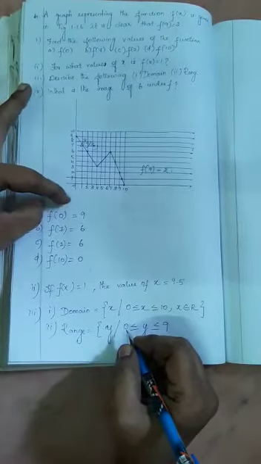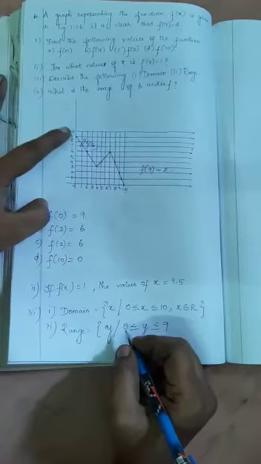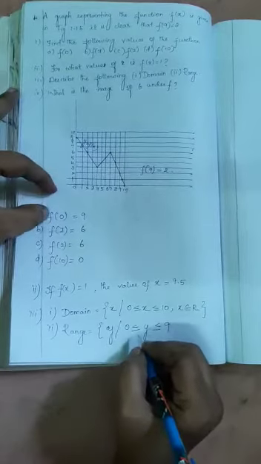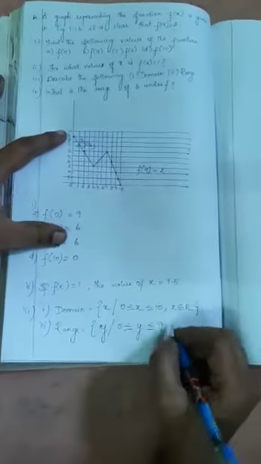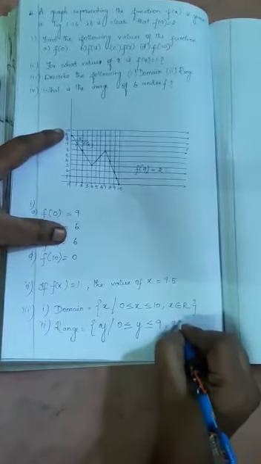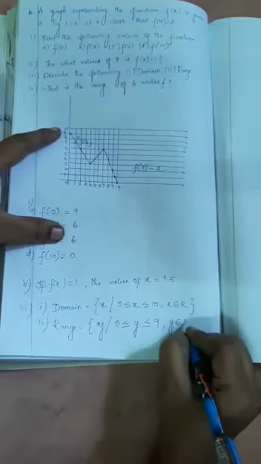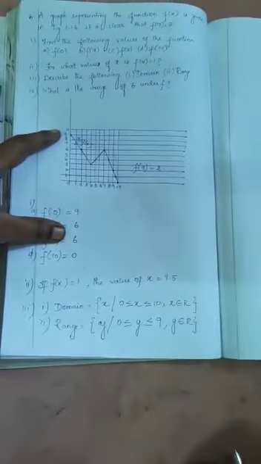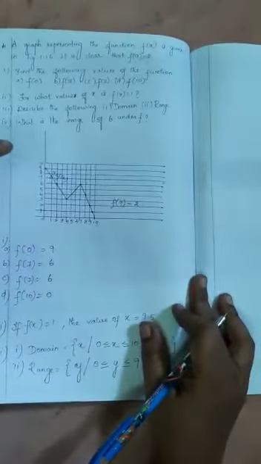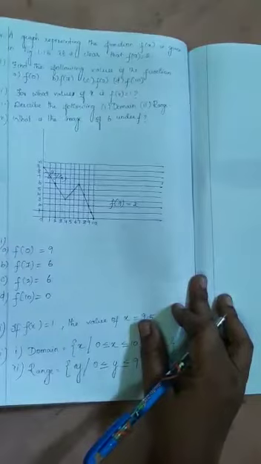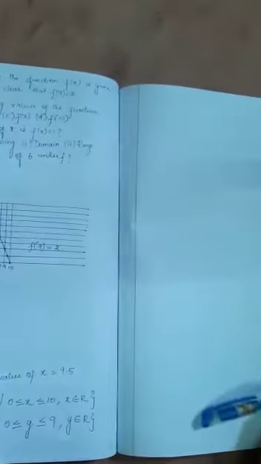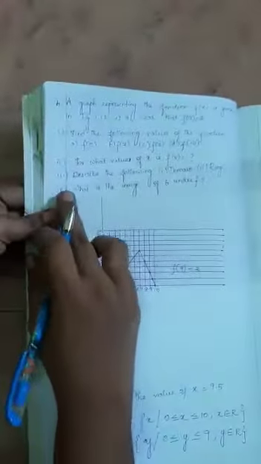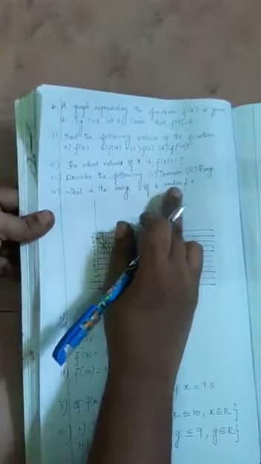If they ask you codomain, you can write from 0 to 10. Here it is only the paired elements, so range takes place between 0 and 9, such that y belongs to the real numbers again. Next, the fourth question is, what is the image of 6 under f? See the question carefully. What is the image of 6 under f?